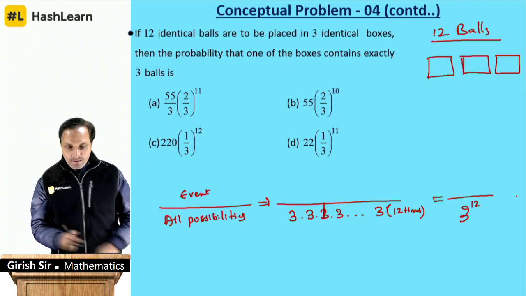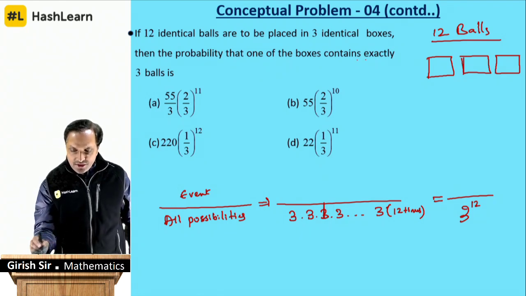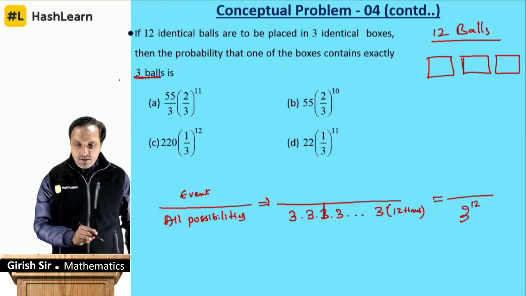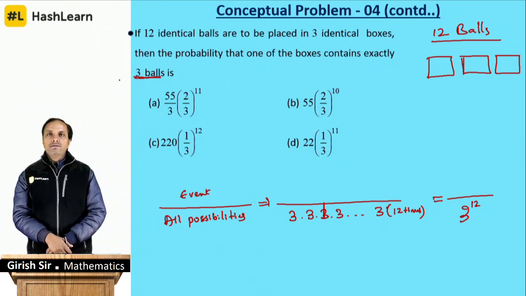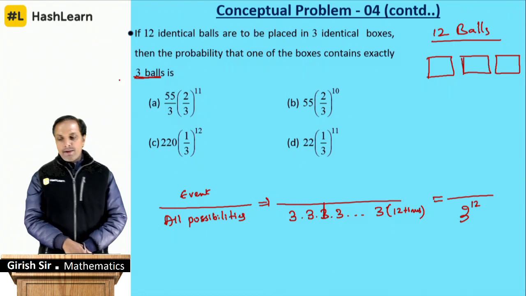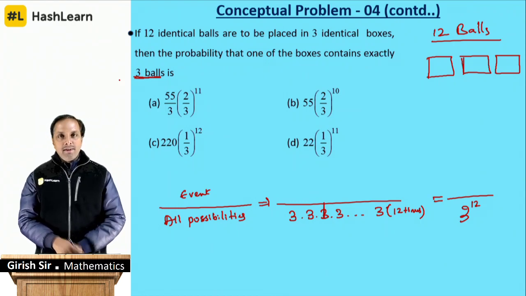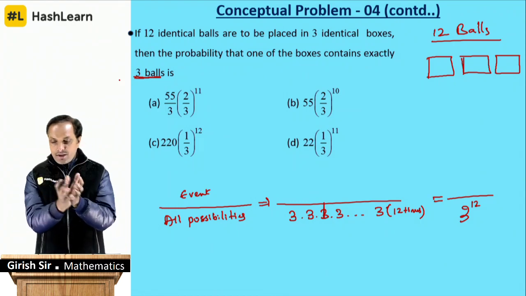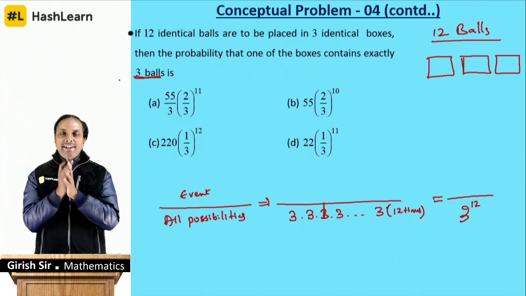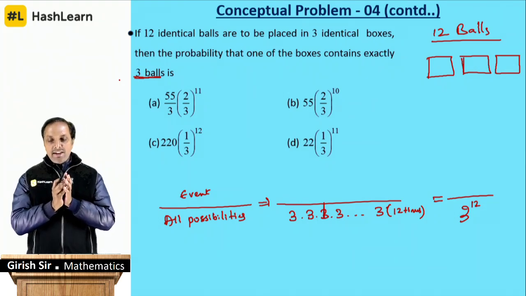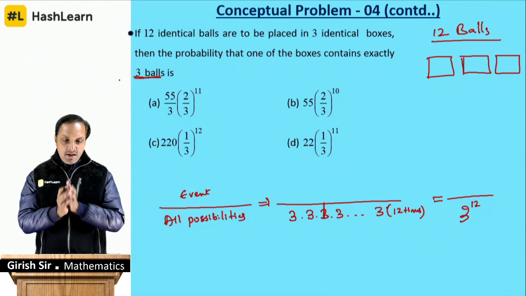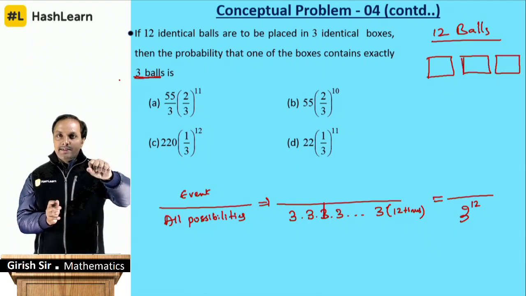What are they talking of? The probability that one of the boxes contains exactly 3 balls. Okay. Now what do you have to do? Out of 12 balls, a box should contain 3 balls. One of the boxes contains exactly 3 balls. So out of 12 balls, you will select 3.